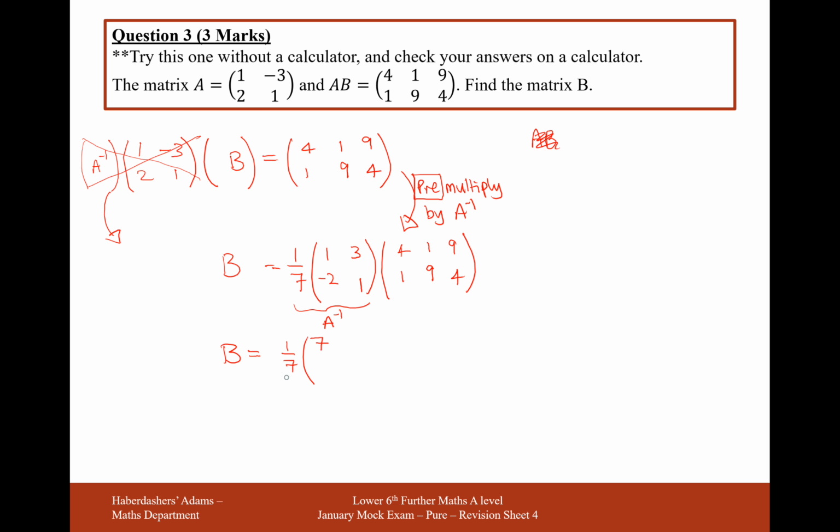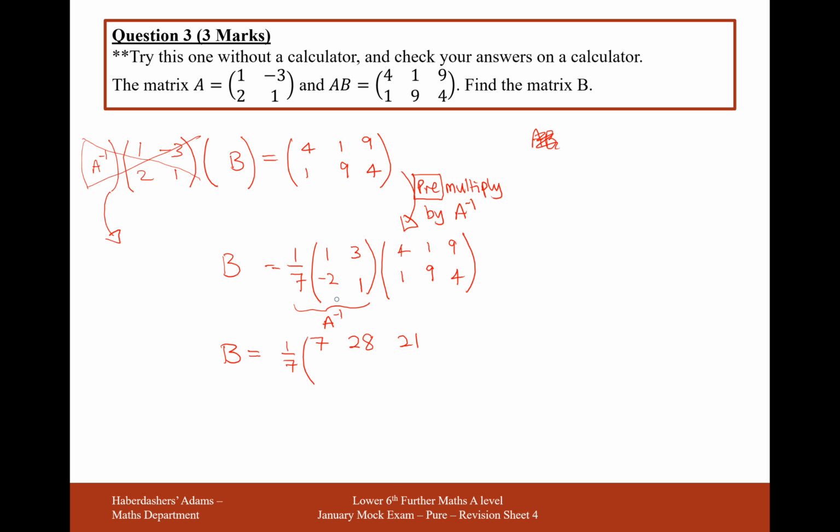Hopefully I'm going to get multiples of 7 here because I've got a 1 over 7 at the front. 1 times 1 is 1, 3 times 9 is 27, so 1 add 27 is 28. I'm still working along the top row because I'm using the top row of the first matrix and then each column of the second matrix. So 1 times 9 is 9, 3 times 4 is 12, 9 add 12 is 21.